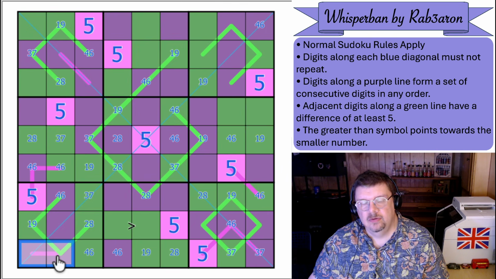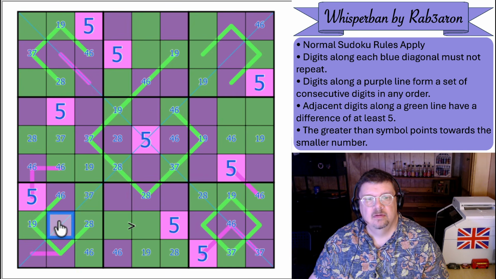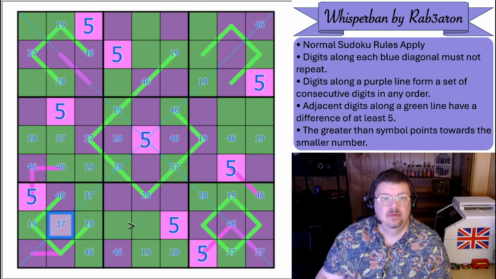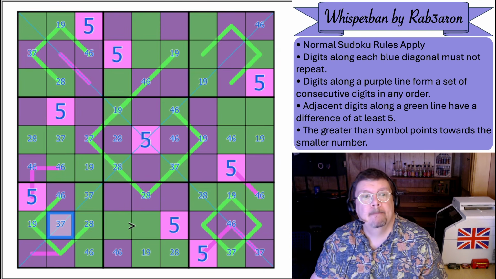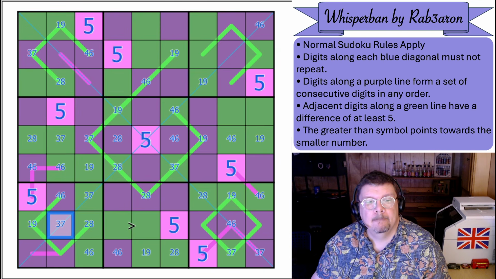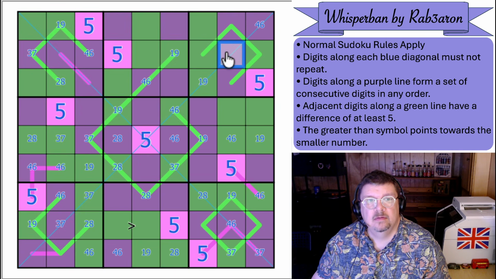Okay, these two are, yes, this is the 3-7. But the purple 3-7 is not in either of those. So that is the 3-7. So that's not 3-7, which we already knew.